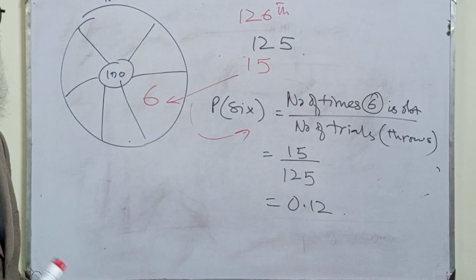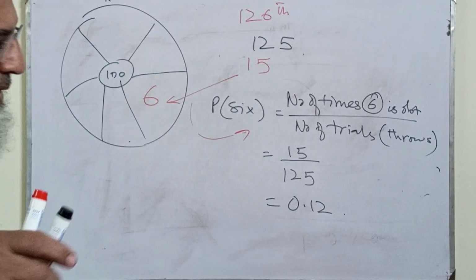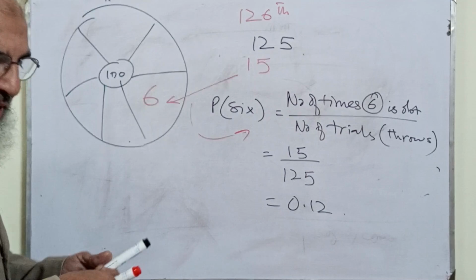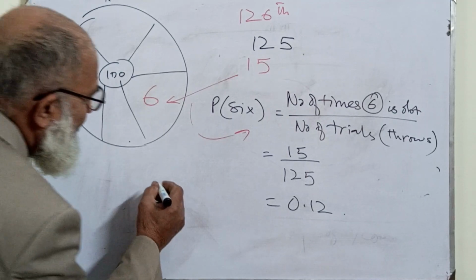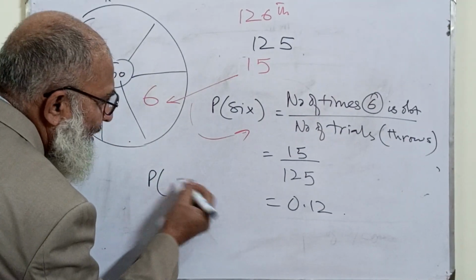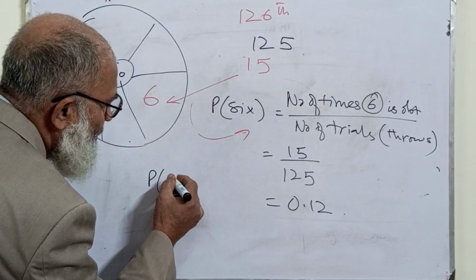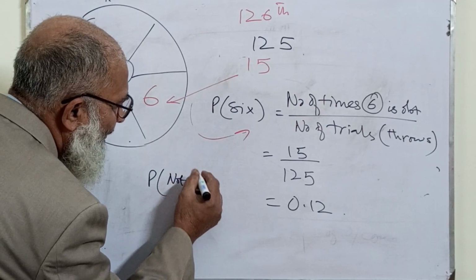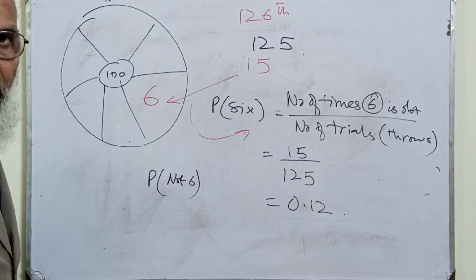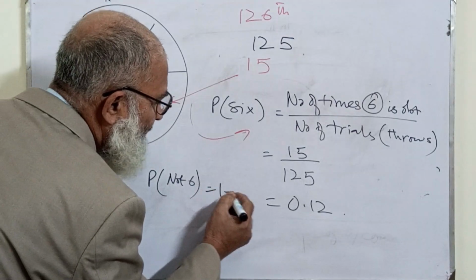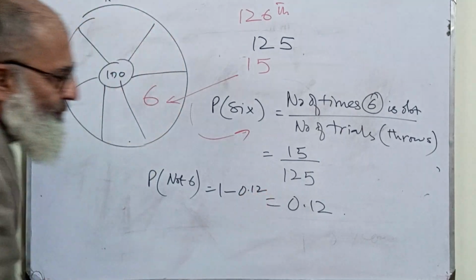And what I told you in the beginning, not hitting 6. When I say not hitting 6, it is not 6. This is not given in your example, but I am adding this. Not 6 is equal to 1 minus 0.12.